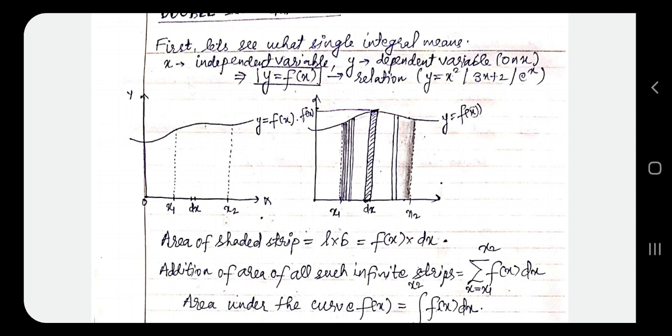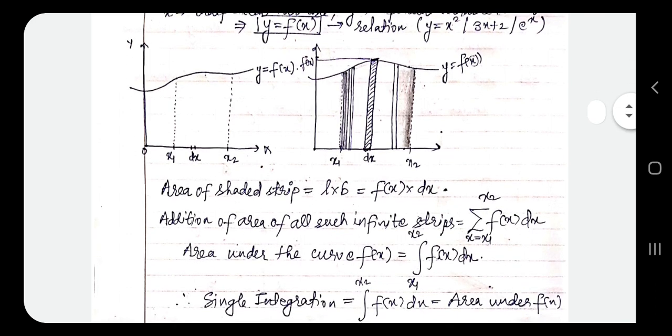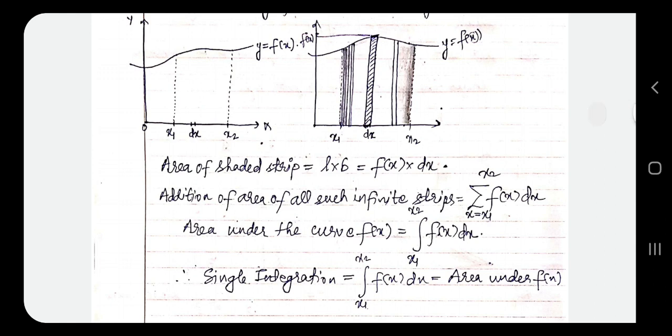What is the length? Length, I am taking approximately the y coordinate, which is f of x for that shaded strip. And what is the width? Width is dx. So the area is length into breadth. This is the area of that single strip I have taken.